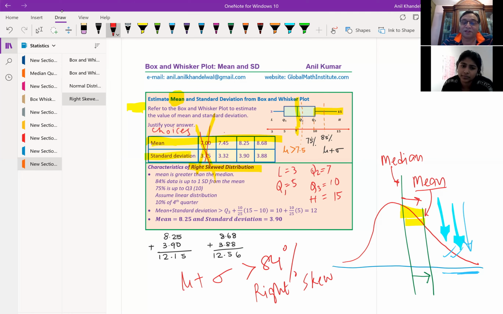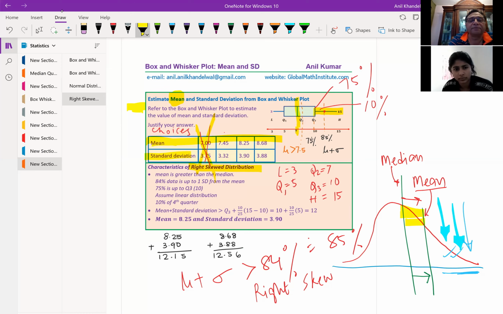Since it is more than 84%, we know clearly that 75% of the data is up to Q3. So we are looking for a value in between here. My combination of mean and standard deviation should add at least 10%. Do you see that? 9 will make it 84, correct? So 10 would make it 85, correct? So we are assuming this to be approximately 85%, slightly more. So that is the calculation which I have done.